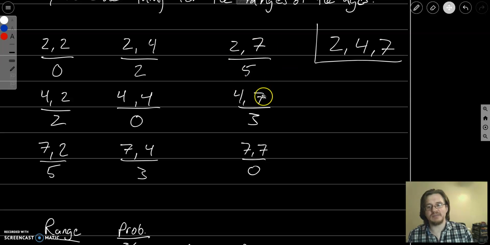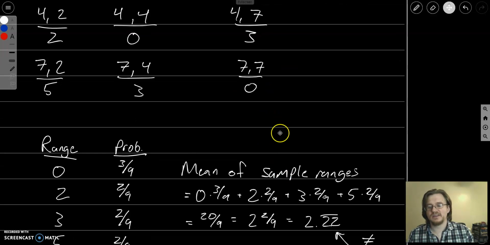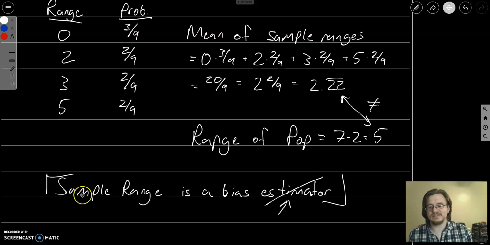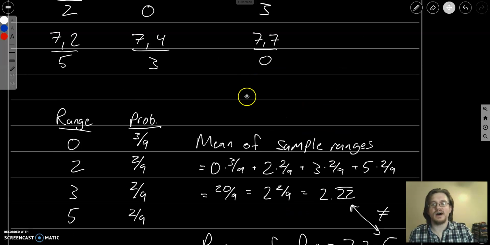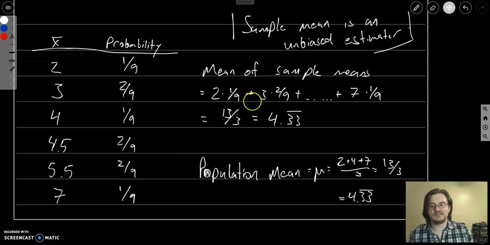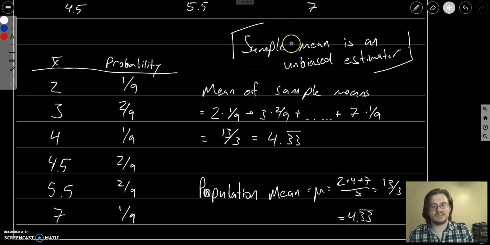So most of the time, the range is going to be a lot smaller. So in essence, the sample range is usually smaller than the range of the entire population. For unbiased estimators, such as the sample mean, the sample variance, and sample proportions, in these cases, the mean of your sample statistics is going to be equal to the population parameter.